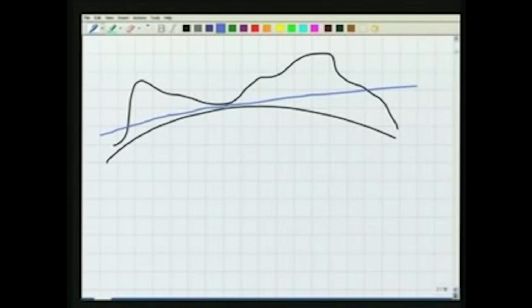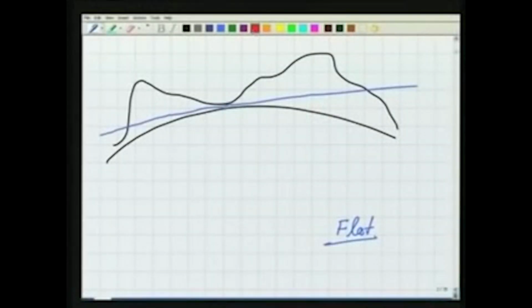Okay. Now when I say, let us consider the earth to be flat, if you consider the earth to be flat for measurement, what is the meaning of that? The meaning of that is, our points which are here, I am projecting those on the tangent plane.